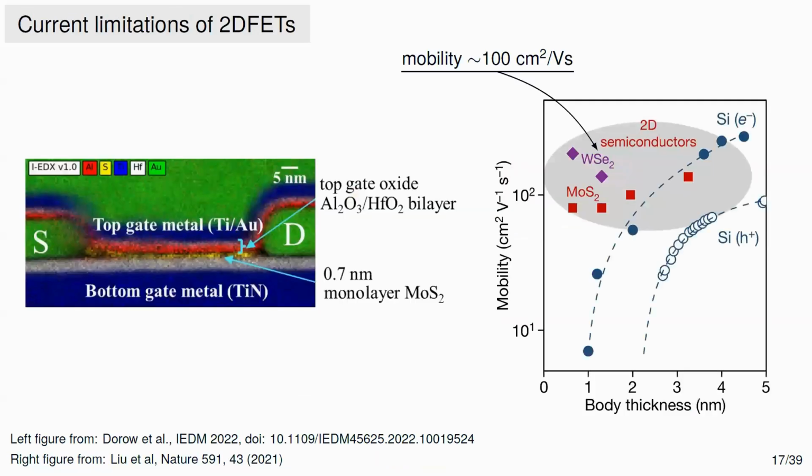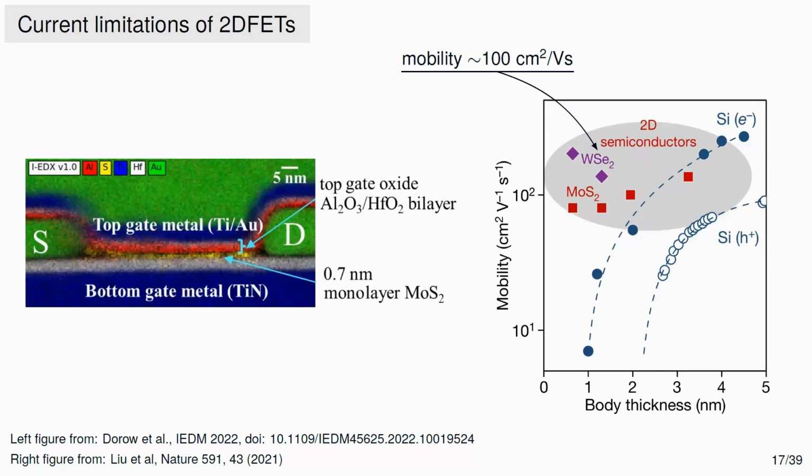And this is a little bit more close to reality. So this is an EDX, energy dispersive X-ray analysis of a cross-section of a molybdenum disulfide transistor. So this is source, drain, gates on two sides, and then this yellow thing is the moly disulfide. Okay, so if you go looking at the mobility of these objects, you find something that is not as impressive as one would have wanted.